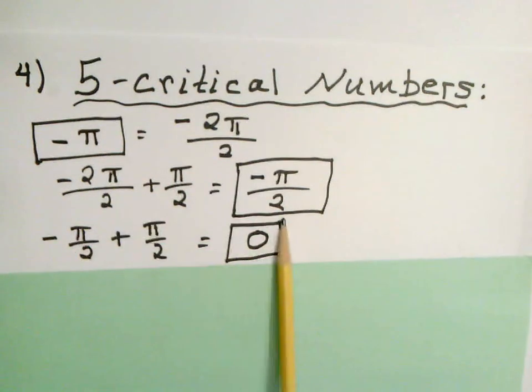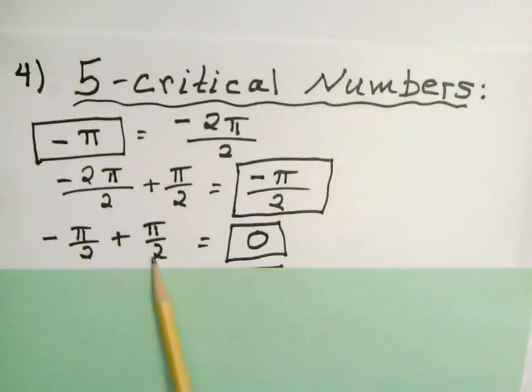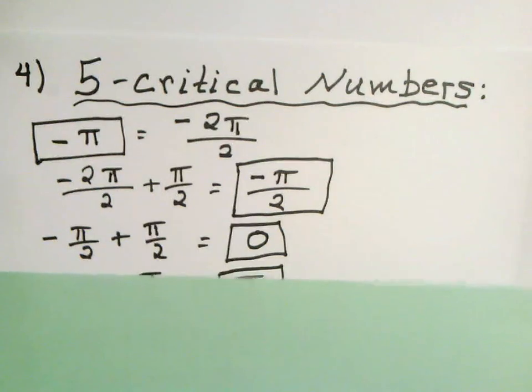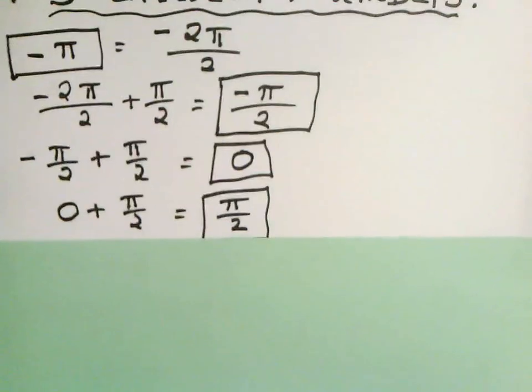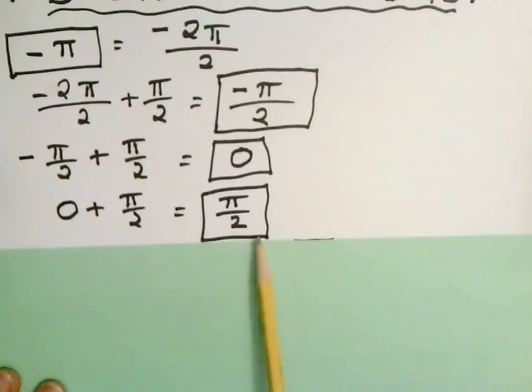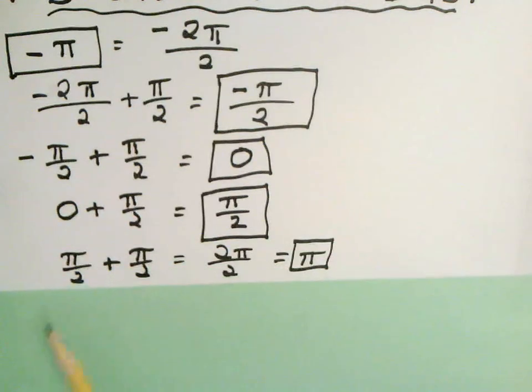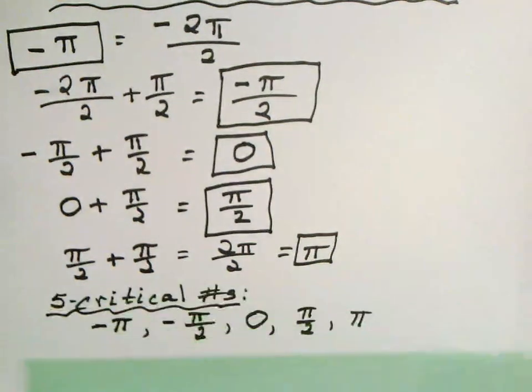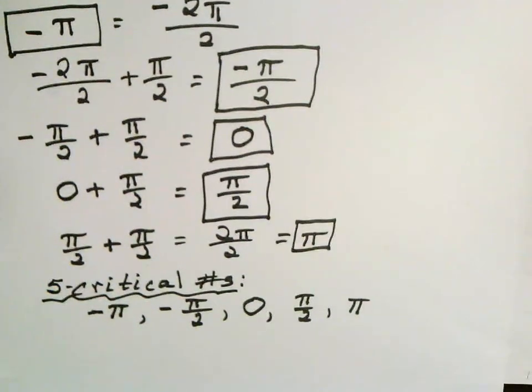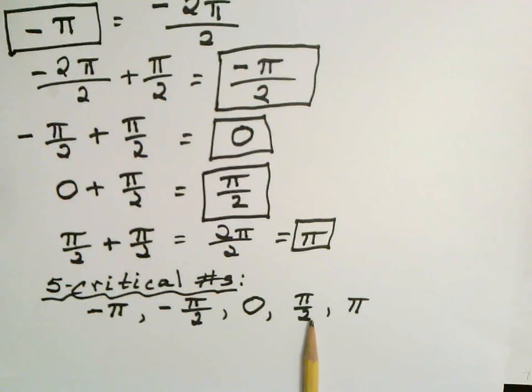We take the second critical number, we add the increment, we get 0. We take 0, add our increment, we get pi over 2. We take the pi over 2 and add our increment, and we get 2 pi over 2, which is pi. Therefore, our 5 critical numbers will be negative pi, negative pi over 2, 0, pi over 2, and pi.